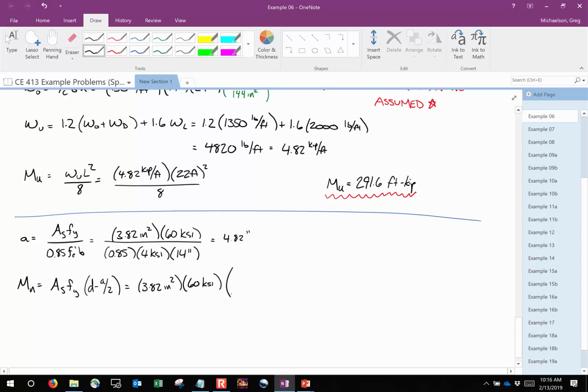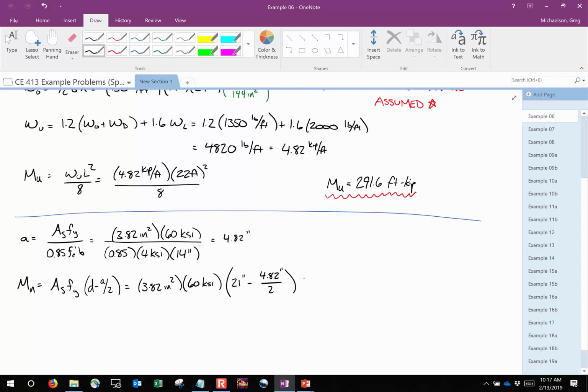What was d? 21. Now, what are the units? If I just calculate this right now, what are the units going to be? It's a moment. Inch-kips.